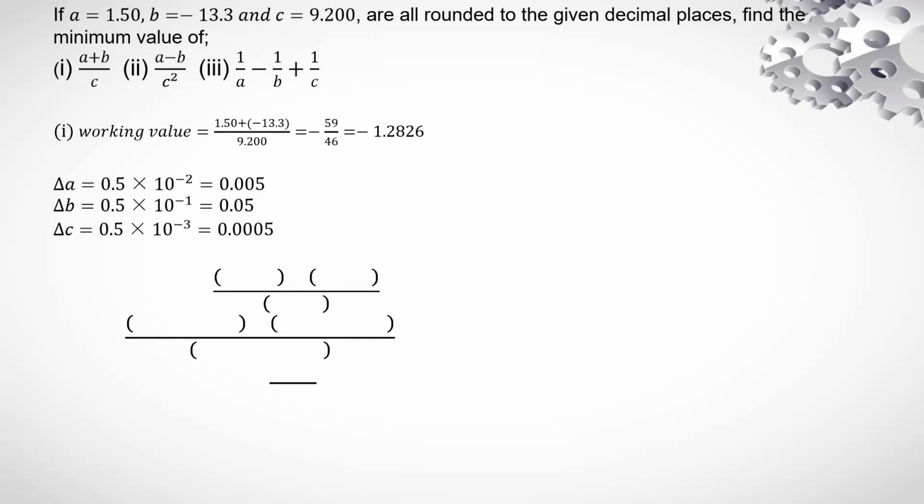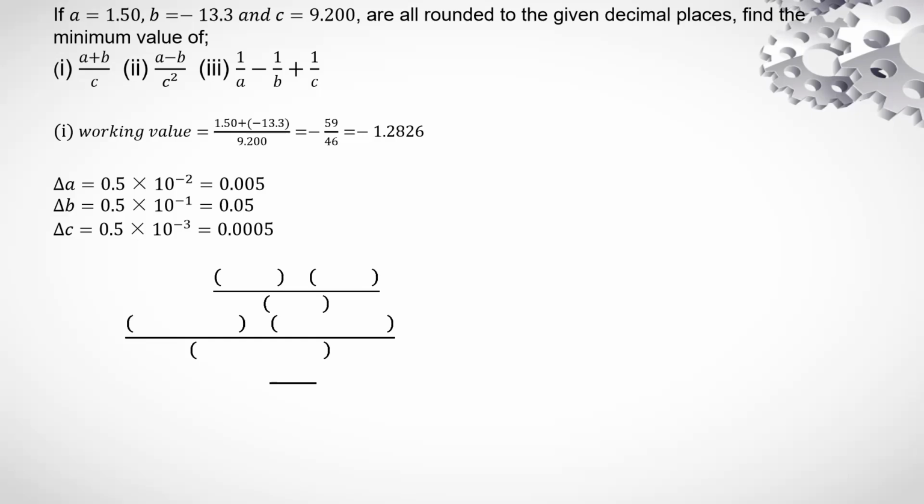Now we're going to find the minimum value in the expression A plus B over C. How am I going to make this a minimum value? That means the numerator has to be very negative. So you make the numerator A plus B a very huge negative, and C is the denominator, so you make it very small.